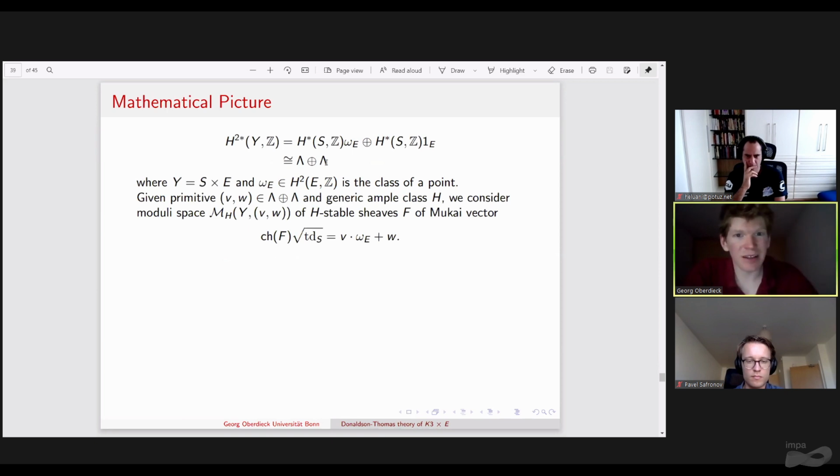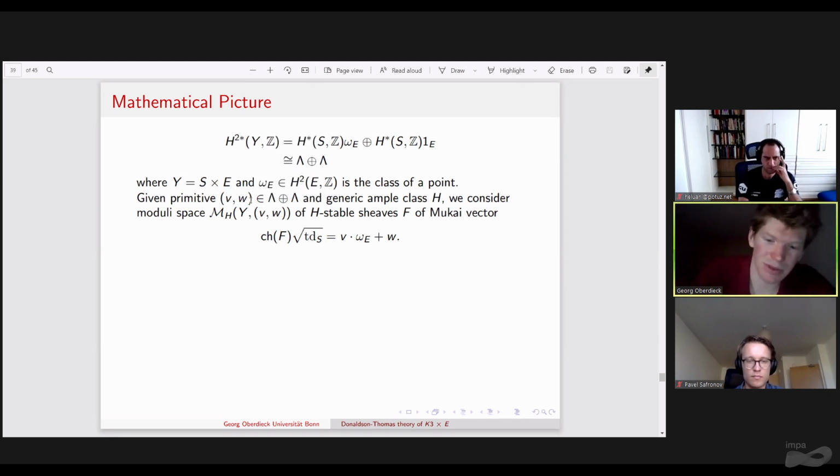And so once you're here, you can also define a Donaldson-Thomas count here. And in some sense, we already know how to do this. So if you're given a primitive vector here, and you take a generic ample class here, you can look at the moduli space of H-stable sheaves on this threefold with this given Mukai vector specified by this (v, w).